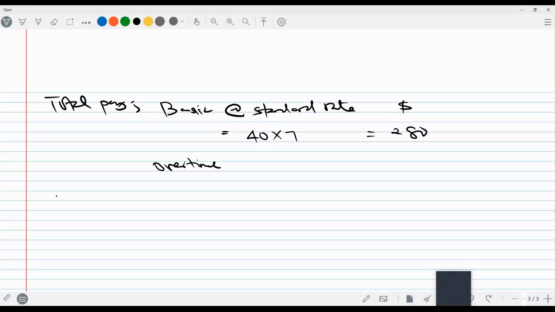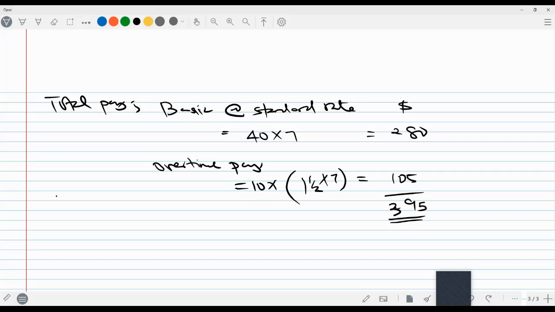The employee worked 10 hours at a rate of 1.5 times the current rate, which was 7, to give us 105. Therefore, total pay to the employee for that time period is 395.